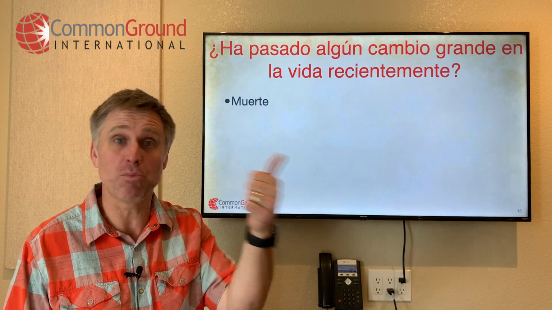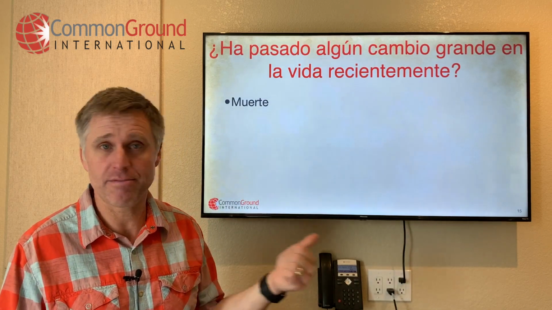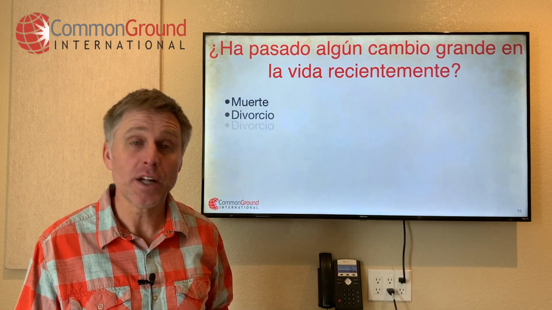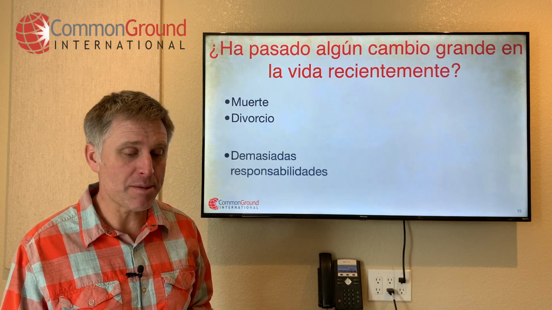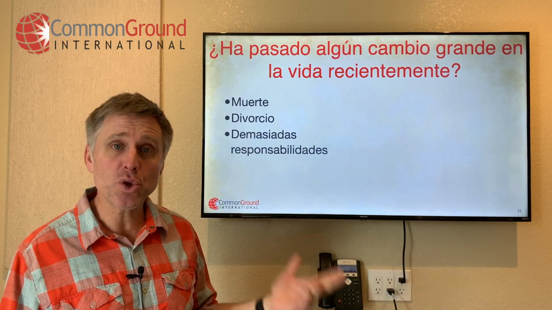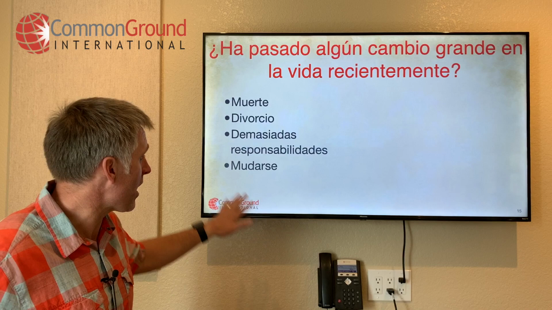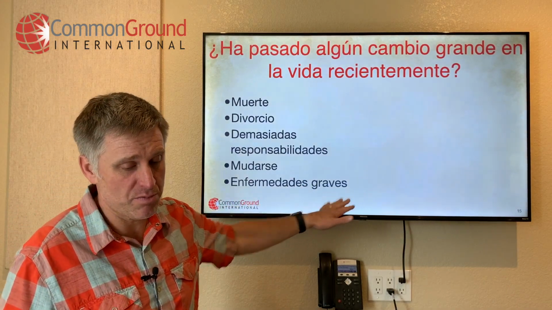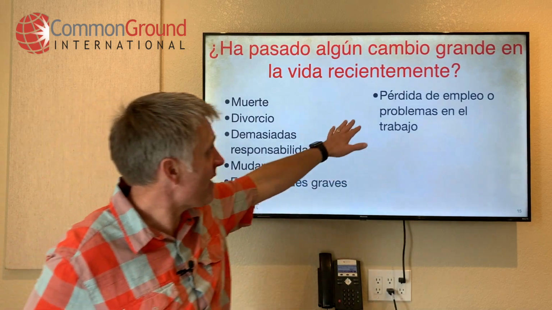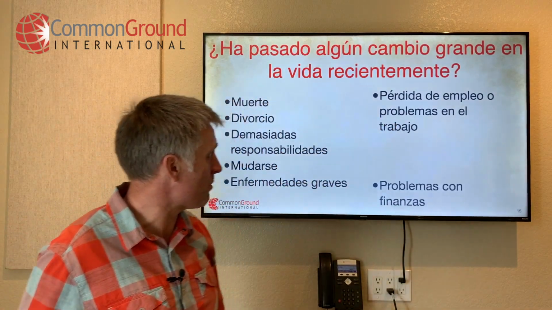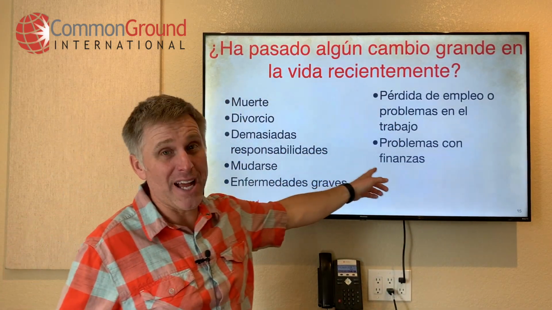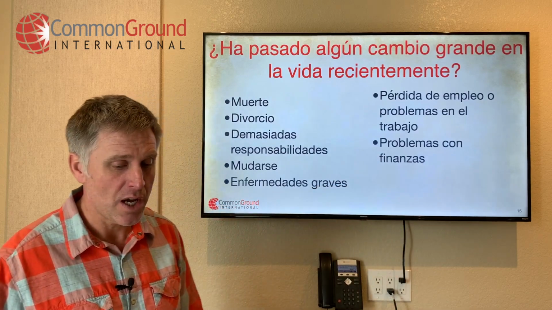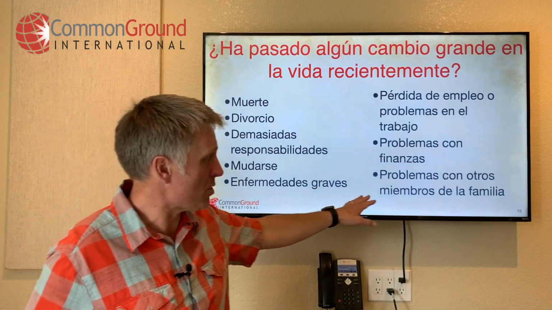Thinking of things like a muerte, the death de un amigo, un familiar, divorcio, demasiadas responsabilidades, too many responsibilities, mudarse, moving, enfermedades graves, so some serious illnesses, pérdida del empleo o problemas en el trabajo, problemas con finanzas, so some financial issues, problemas con otros miembros de la familia.